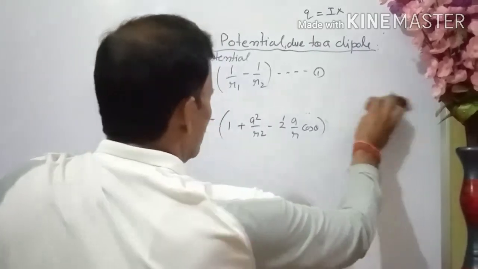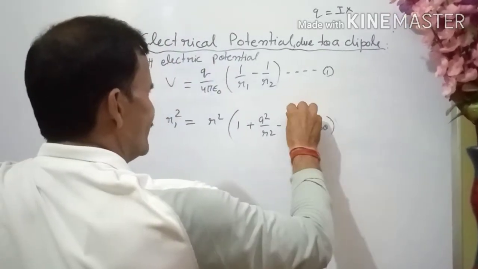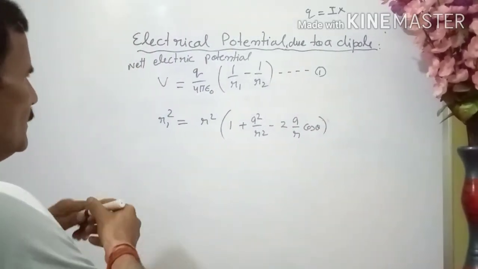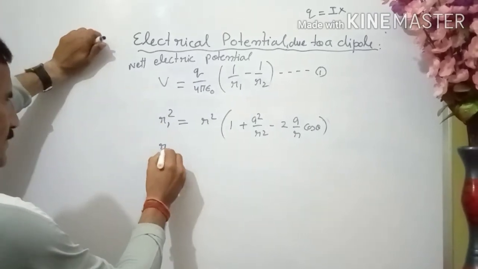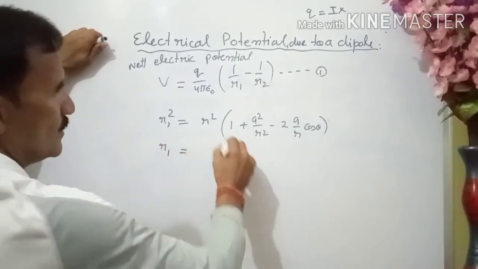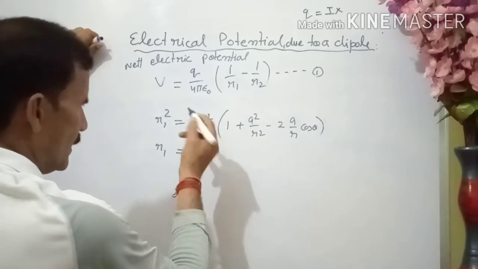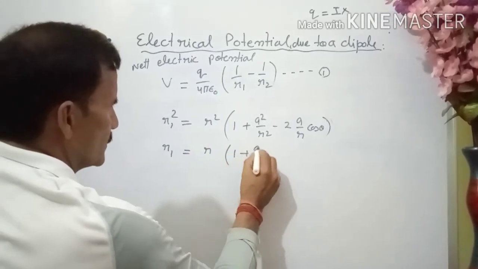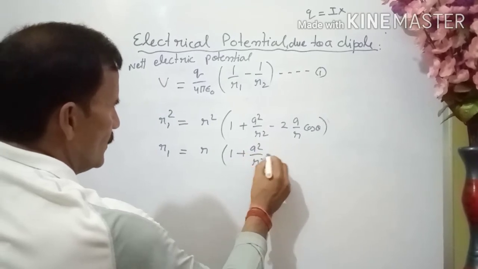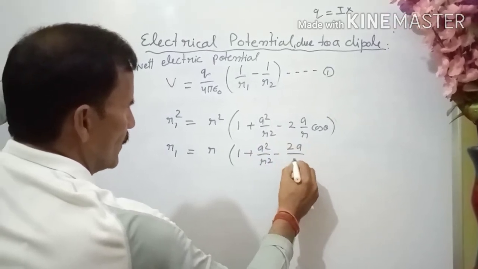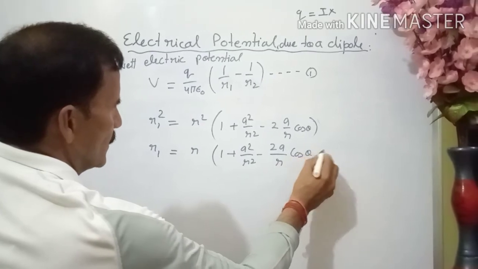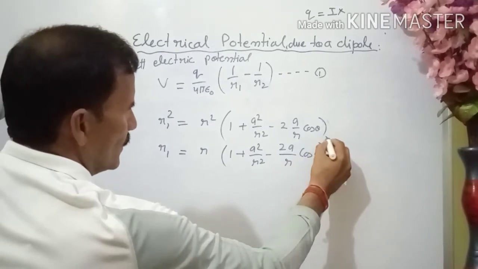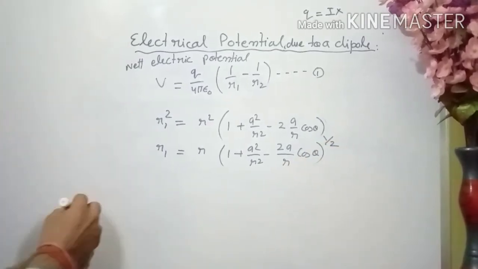Here is mathematics, so try to understand. It is not very tough. When you take r1, you take the square root, so it is r, and you will get 1 plus a square upon r square minus 2a upon r cos theta, and the whole raised to the power 1 upon 2.